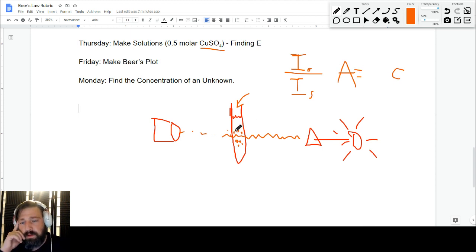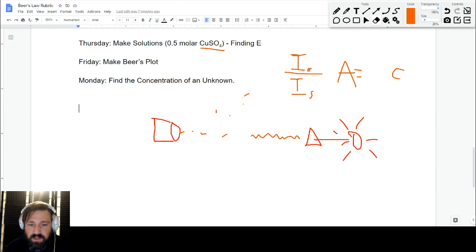What are some other things that can affect this absorbance? Well, what happens if we just put in a bigger test tube? Let me redo this. So instead of a thin test tube like that, what happens if we have a big fat test tube, right? Well, if the light's traveling through more of this, it's going to absorb more.